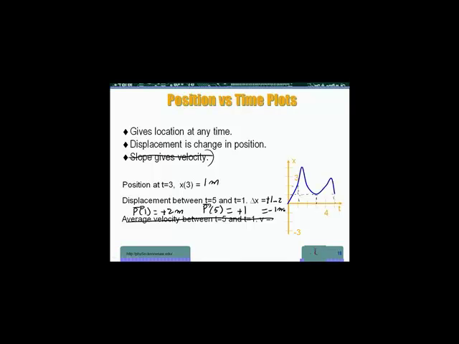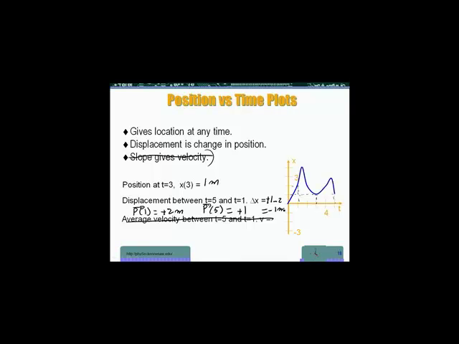Now, one thing that is important here, when we talk about displacement, all that matters is initial position and final position. It does not matter how you get there. All that matters, initial and final. That's what the displacement is.